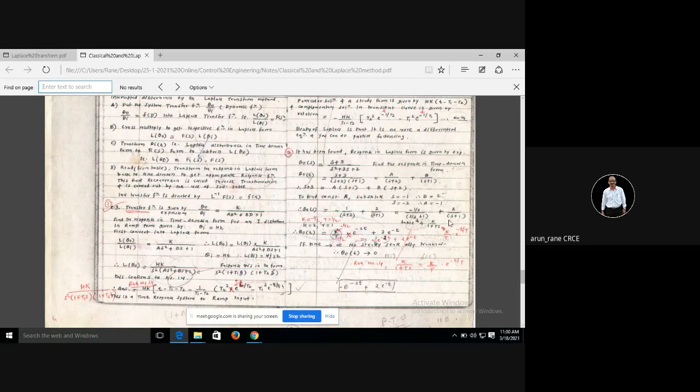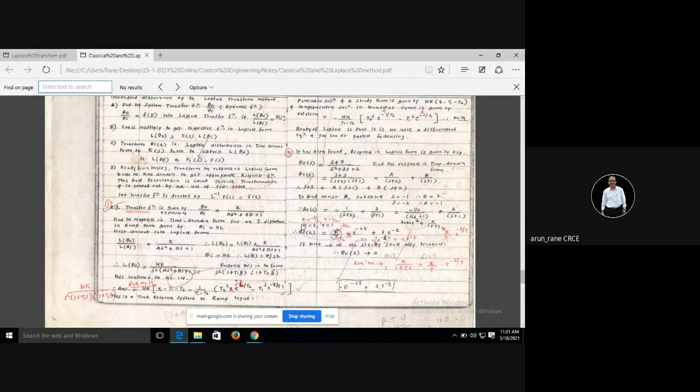Similarly, this is also of the form K upon 1 plus Ts. So value of K is 2 and value of capital T is 1. So what is the time domain for this? Time domain for this is again the same, K upon T into e raised to minus t upon T. So you have to put those values.